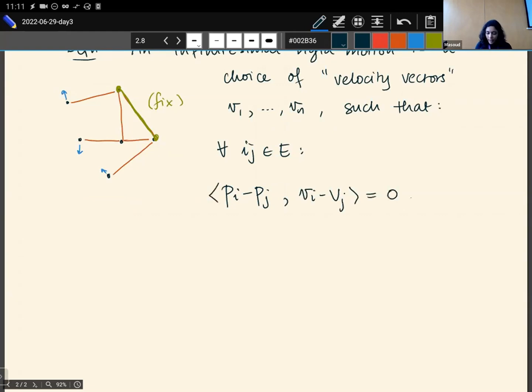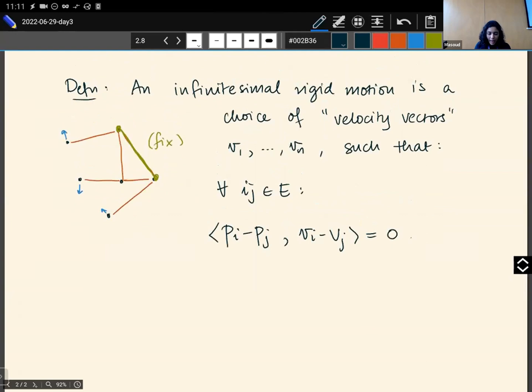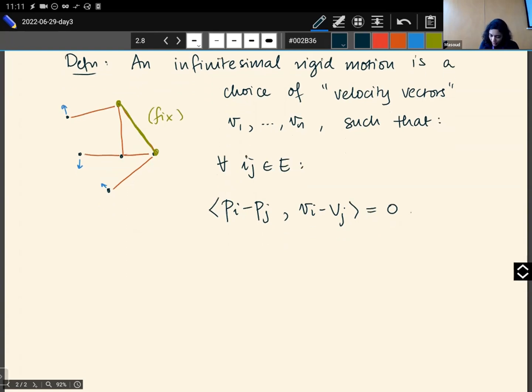Okay, so this is saying that infinitesimally the lengths aren't changing, and moreover, if you had an actual rigid motion, a differentiable rigid motion, if you differentiated it and evaluated the derivative at time 0, you'd get an infinitesimal rigid motion. So that should not be too hard to see.